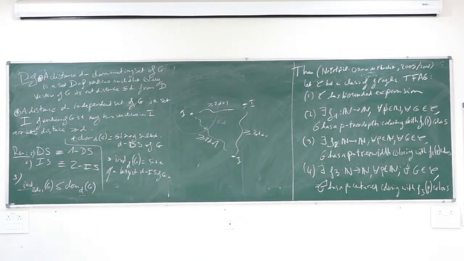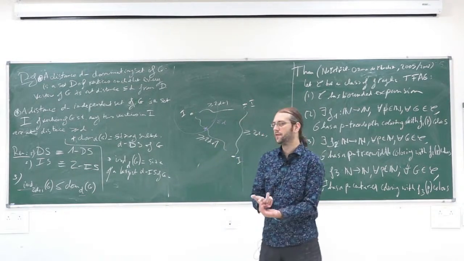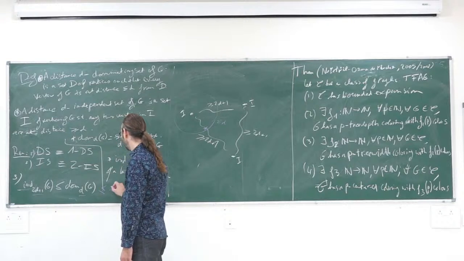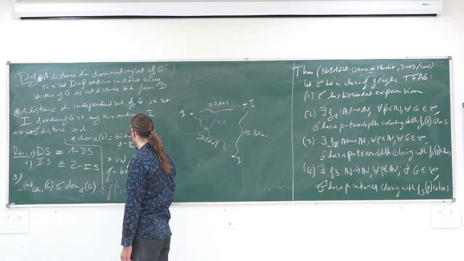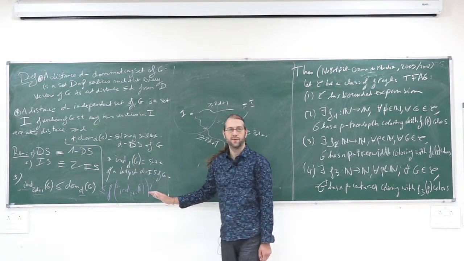So in these kind of things, when you have these kind of bounds, it's very nice if you could also find a bound for the other side. So the question is, can you find here some upper bound where you get a function of this one? Remember that for the strong and weak coloring numbers, we have this kind of relationship.